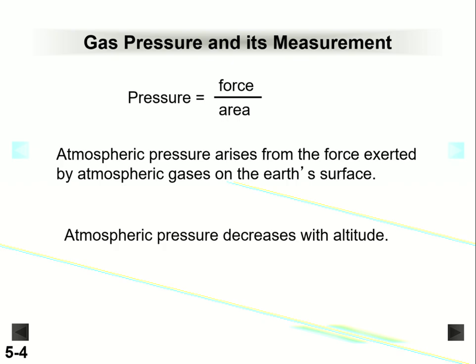So gravitational force pulls the gases down, and that creates pressure. Atmospheric pressure decreases with increasing altitude at lower levels. We'll see later on a picture where we see some unusual inversions. But in the troposphere where we live, atmospheric pressure decreases with increasing altitude.